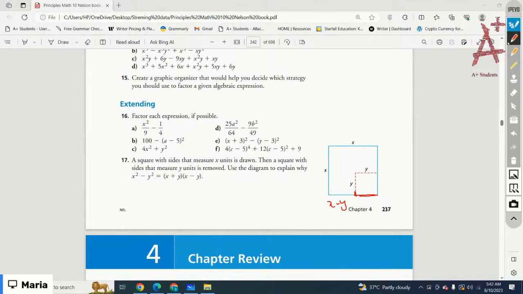So the area of the larger rectangle would be x times x minus y, right? And the area of the smaller one would be y times x minus y.